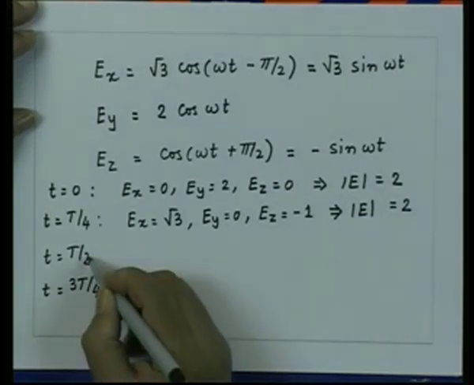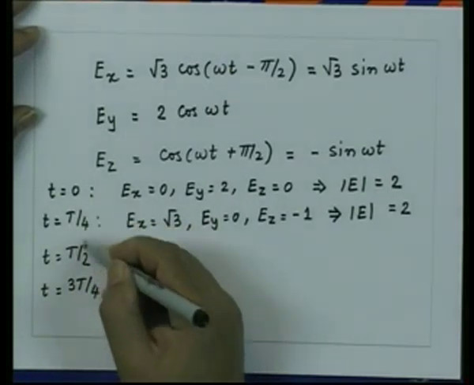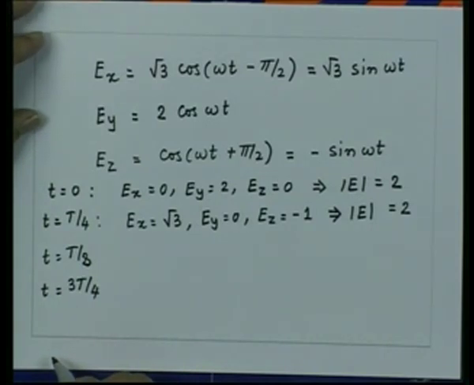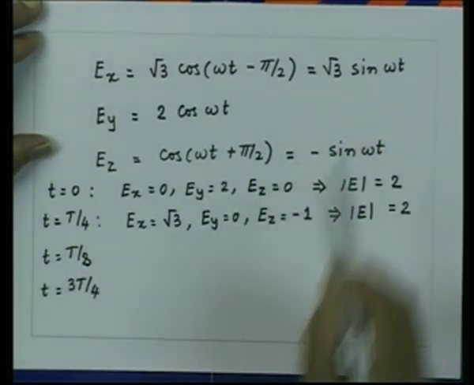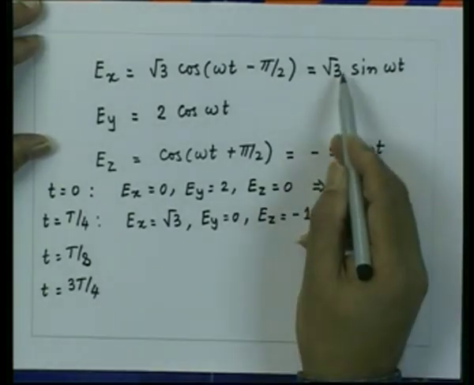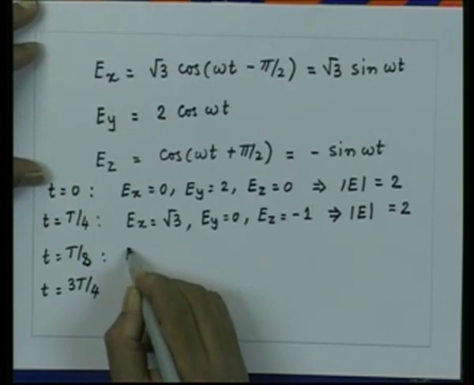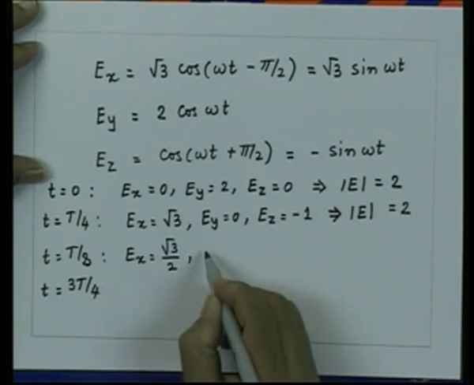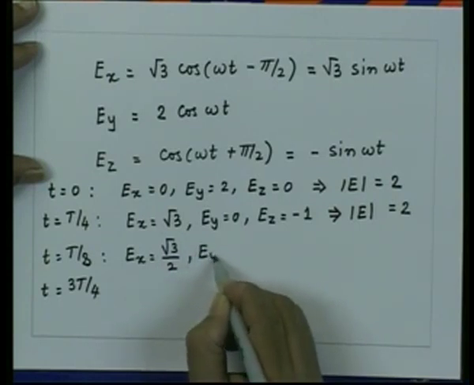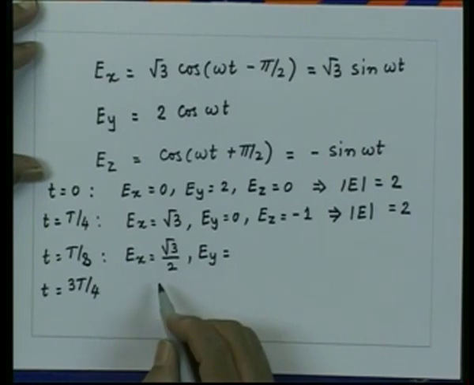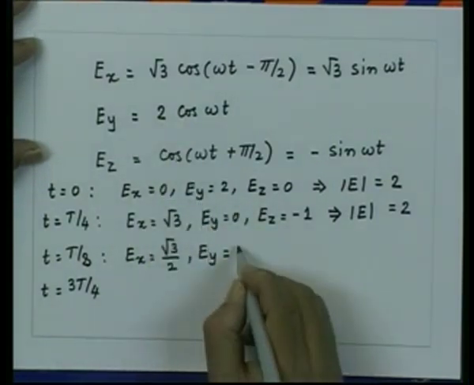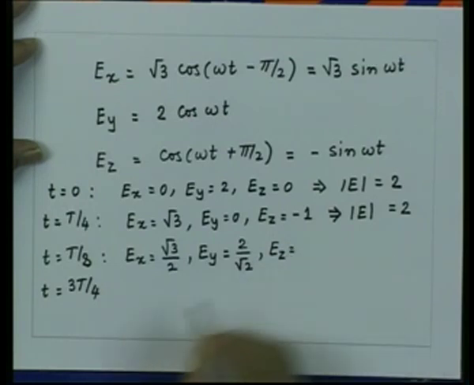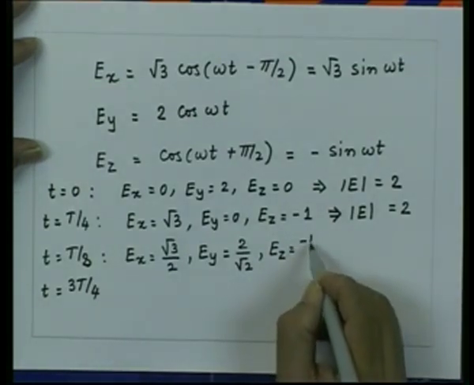Let us take a time which is not a multiple of pi by 2, but say T by 8. If I substitute for this, the angle will be equal to 45 degrees, so you get root 3 upon root 2. For this time, E x is equal to root 3 upon root 2, E y will be equal to 2 upon root 2, and E z will be equal to minus 1 upon root 2.